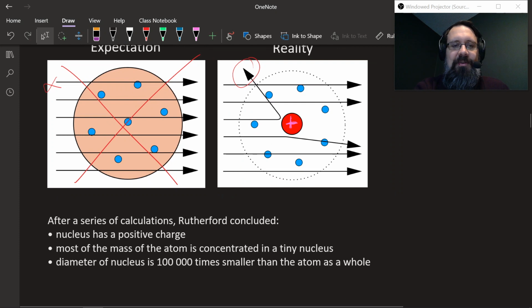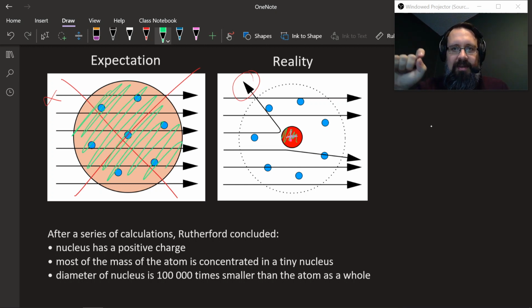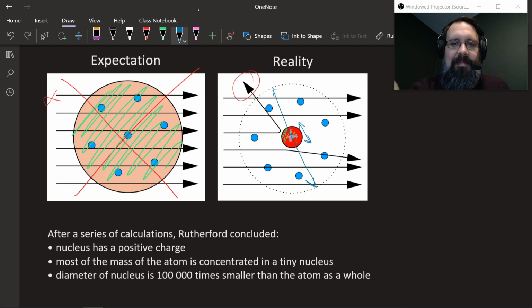The second conclusion is most of the mass of the atom is concentrated in a tiny nucleus. So instead of the mass being spread out across the entire atom, the mass is concentrated in this center point called the nucleus. And then the last thing he figured out was the actual diameter of the nucleus. The diameter of the nucleus, measured from one end of the nucleus to the other, is actually 100,000 times smaller than the diameter of the entire atom.